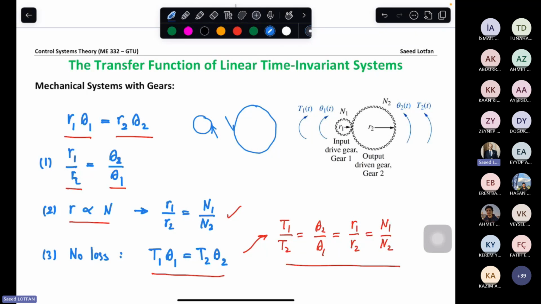These two forces are in equilibrium if you consider it like this, T1 and T2. So they are separate from each other. Okay, I see now.